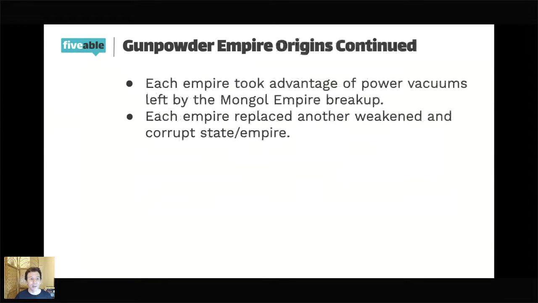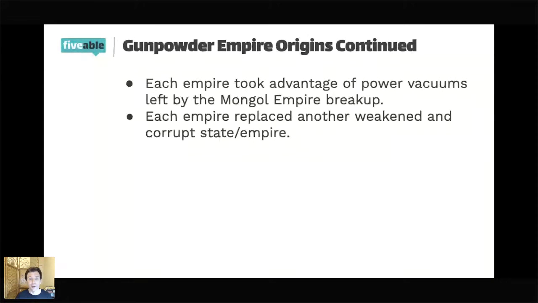Now, each of these empires is going to take advantage of power vacuums. We're going to see the Mongol Empire break up, and that's going to open the door for gunpowder empires, the Ottoman, Safavid, and Mughal, to step in and take over with new gunpowder weaponry. And each empire replaced another weakened and corrupt state or empire.